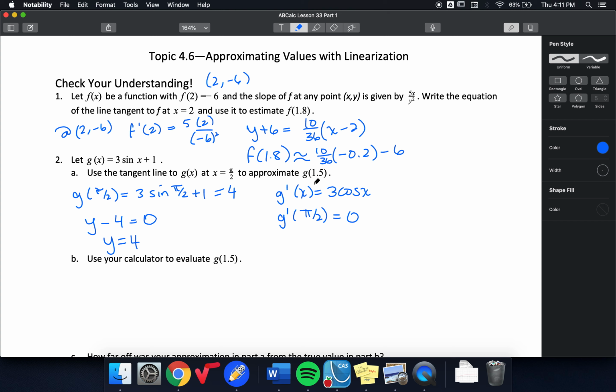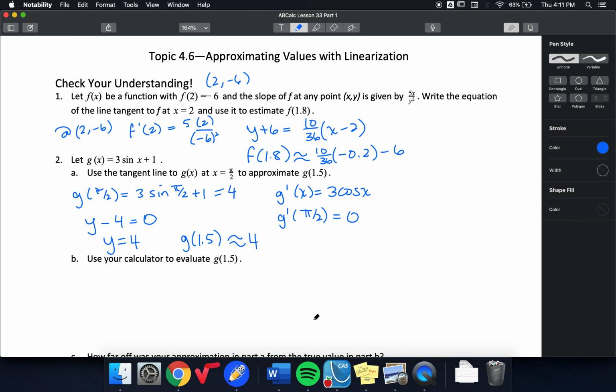So at g of 1.5, I do have an approximation because I know that my value at pi/2 was 4. At 1.5, it's still going to be approximately 4, but I don't have to do any further calculations.